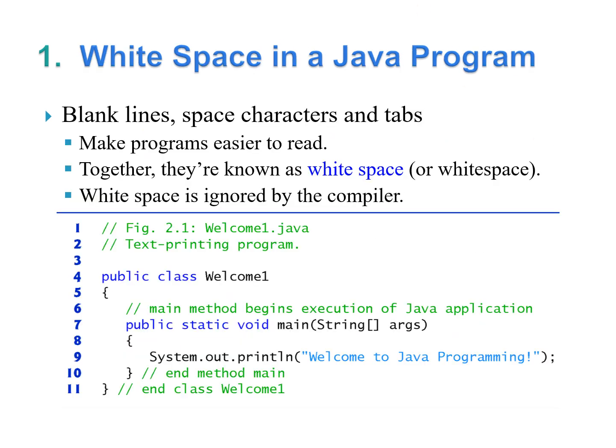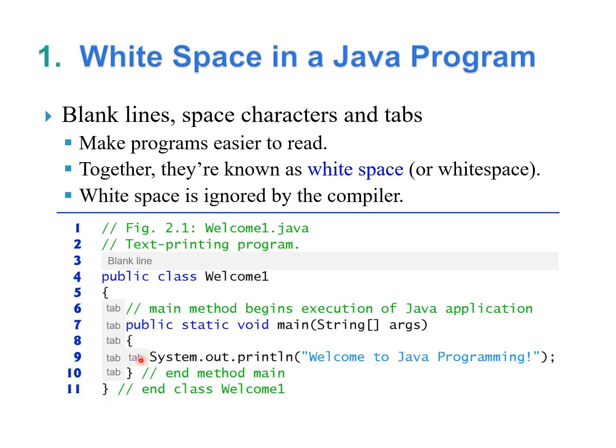In your program source code, you can add as many blank lines, space characters, and tabs as you want to make the program easier to read. For example, we add a blank line in line 3 of the Welcome One program. We also add one tab at the beginning of each line between a pair of an opening brace and the matching closing brace.